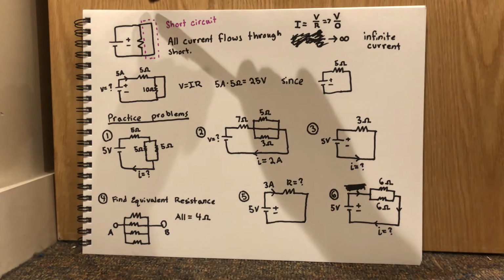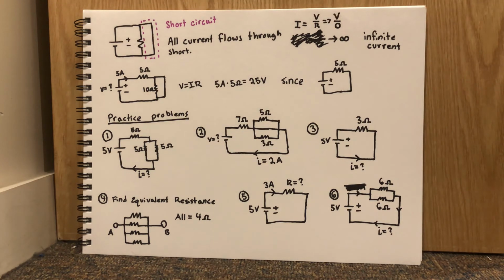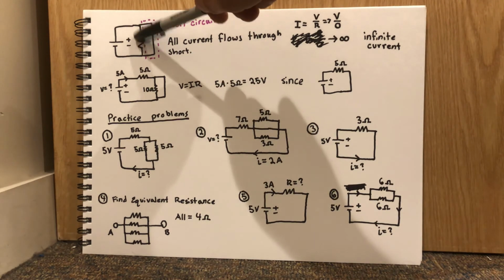None of it's going to go through the resistor, in theory. Since wires do have a little bit of resistance, it's not technically zero resistance, but for our calculations, we're just going to say that it doesn't exist. And what we can pretty much do then, once we see this short circuit, is just cross out this resistor.